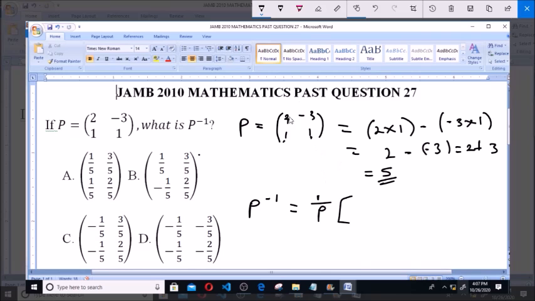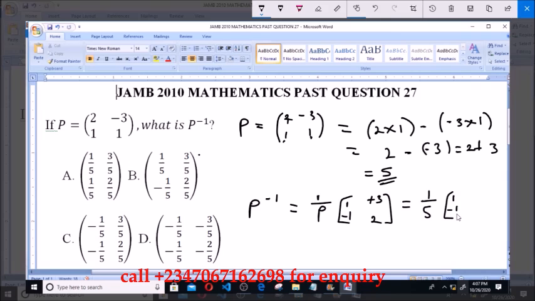Now what do I mean? Here we have 2 and 1, but it will change to 1 and 2. Here we have -3 and 1, but it will change to +3 and -1. So this is equal to, I told you, 1 over 5 into 1, minus 1, plus 3, 2. If you look at what I told you, this changed.